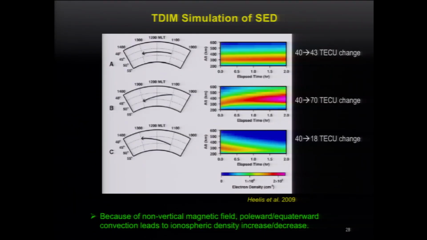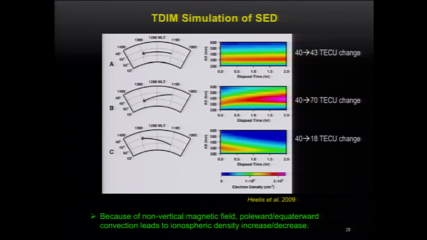Using the Utah State TDIM model, Healy et al. clearly showed the effect of the poleward and equatorward convection flows on plasma density. The plot on the top is an example of a pure zonal flow from 11 to 13 MLT. Within this 2 MLT, the total content in a flux tube only changed 3 TEC units.